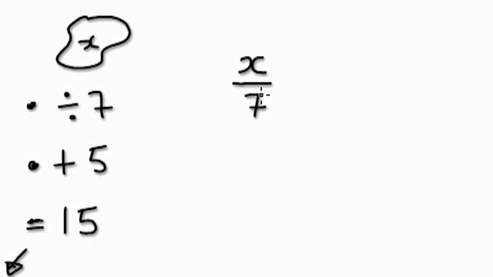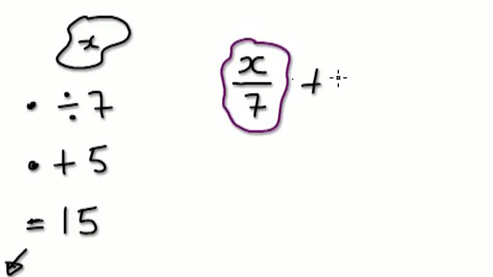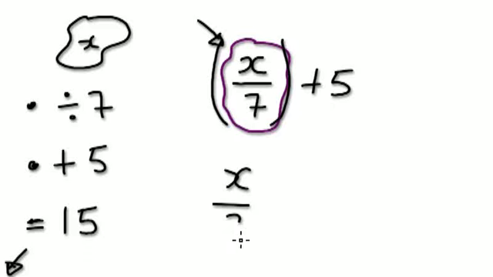So write it like this, and then I need to know all this here first, and then I would need to add 5 to it. But you don't actually need to put brackets around here because division is more important than adding. So you can just leave it as this.